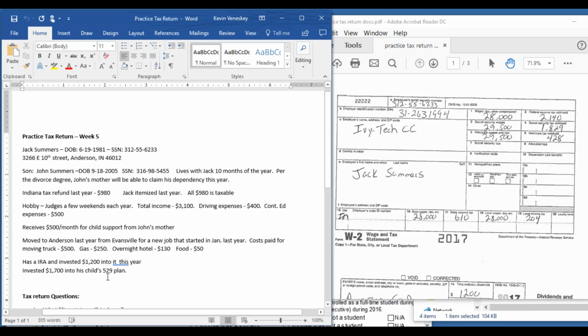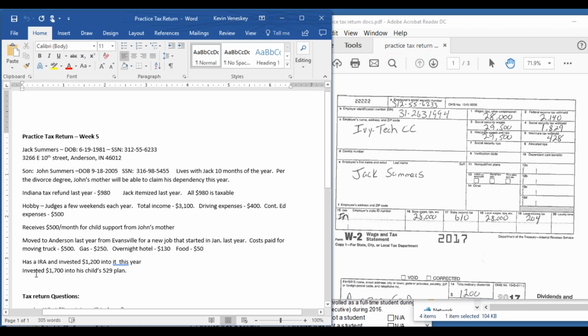A Section 529 plan is where you put money into a kid's account, and then they can use that money for college or potentially other types of schooling. But mainly that's what it's for. You don't get a deduction for it for federal, but when the kid takes it out, they do not have to pay any taxes on it, which includes any of the earnings. It's kind of like a Roth IRA that we'll discuss in a couple weeks.